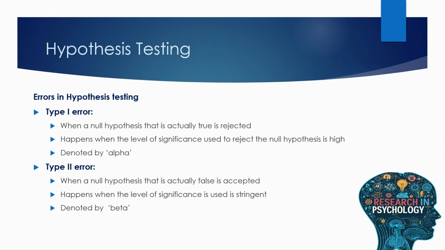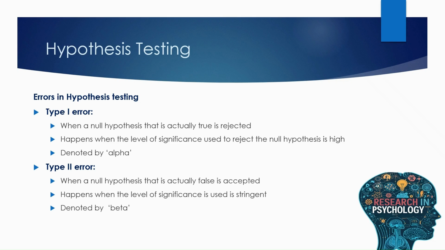Now, errors in hypothesis testing can be of two main types. Okay, type 1 error and type 2 error. Okay, so what are we doing the hypothesis testing for? To determine whether to accept the null hypothesis or whether to reject the null hypothesis. Okay, based on that, the error can be type 1 or type 2. What is type 1?